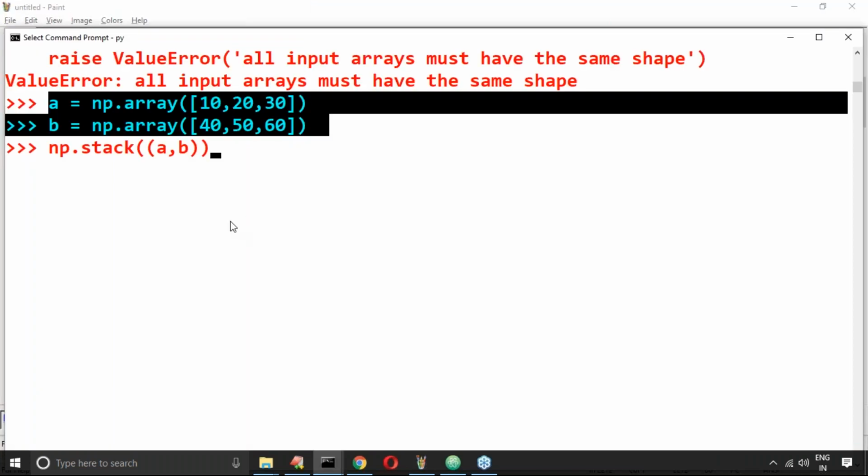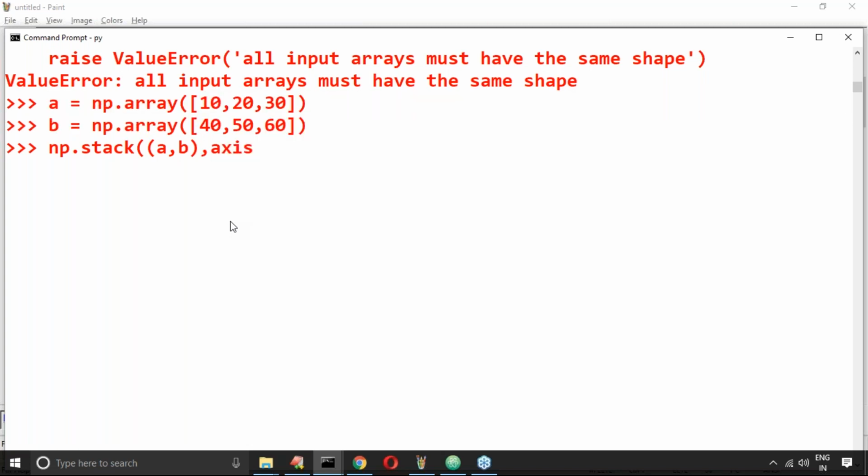If we are not specifying the axis, what is the default axis? The default axis is 0, even if you are not mentioning it. Does this axis talk about the resultant array or the input array? I told you multiple times.